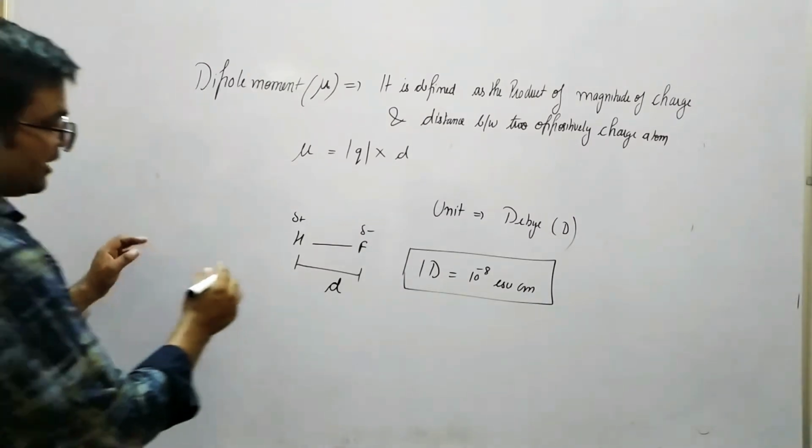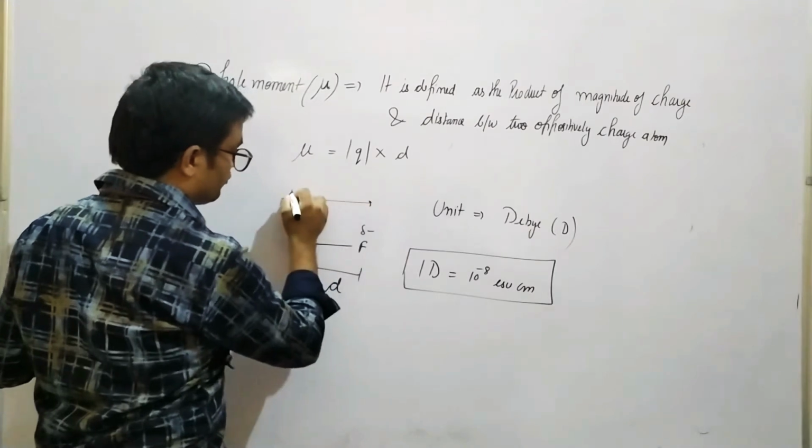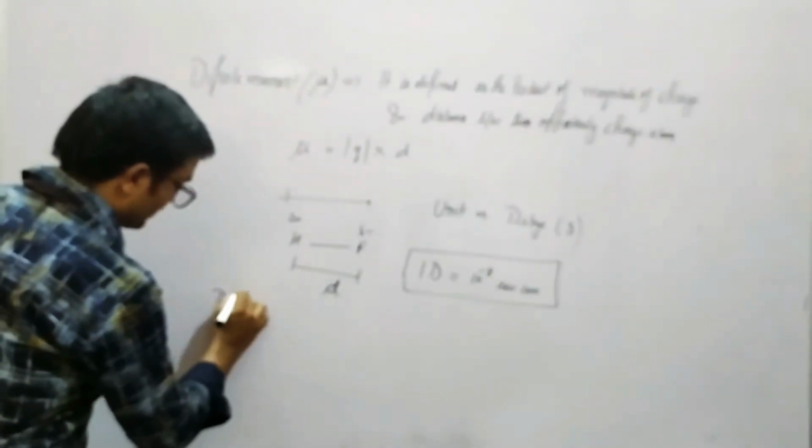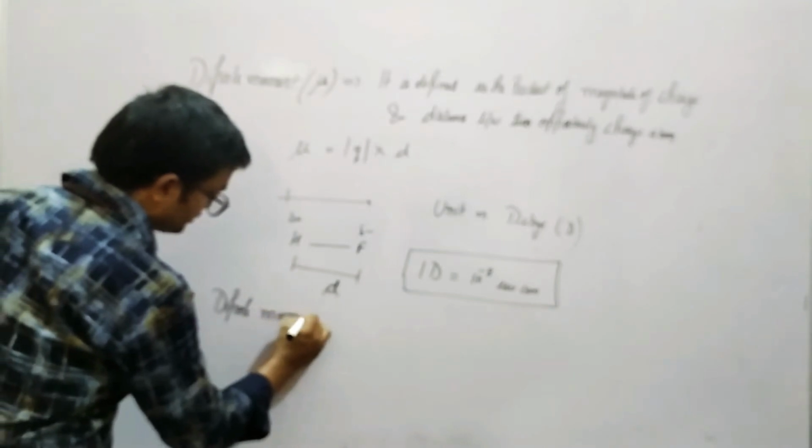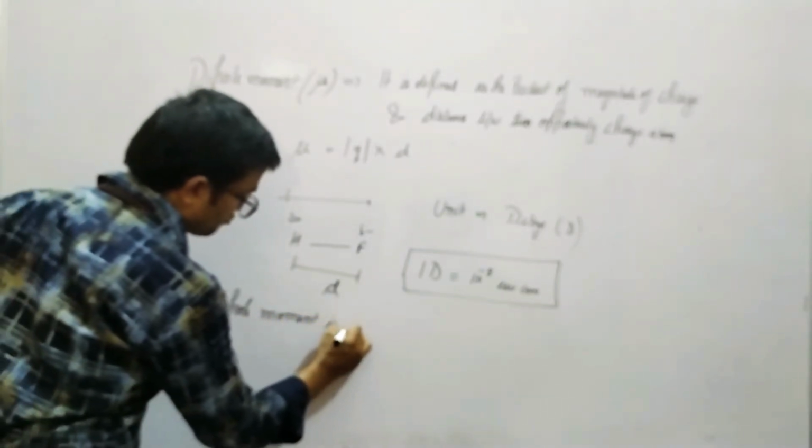Since it has a direction from positive to negative, dipole moment is a vector quantity.